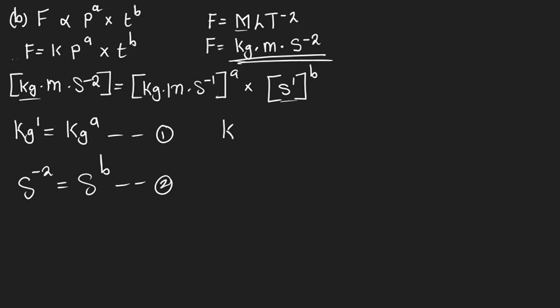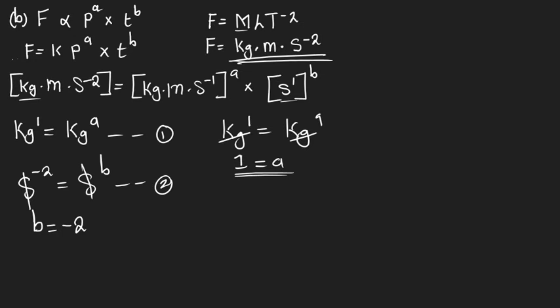So kg to the power 1 is equal to kg to the power A. That and that cancels, so A is equal to 1. For this one, you can cancel these, and of course, you find that B is going to equal negative 2.